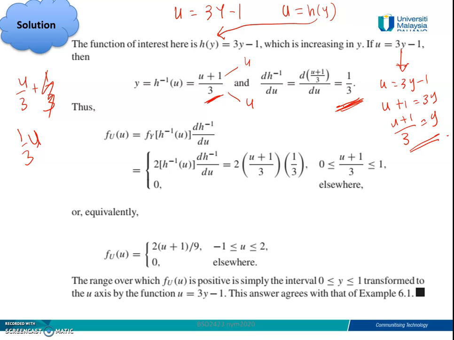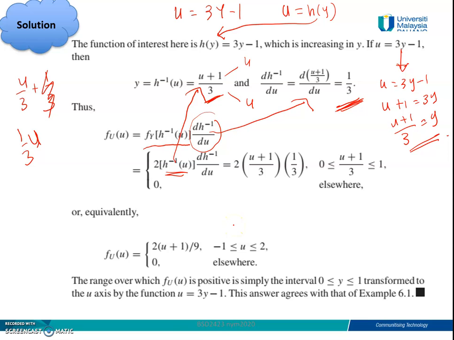Now, in order to get the density function of u, you use the previous explanation. You have fy evaluated at the inverse function of u, and then you multiply by the derivative of the inverse.